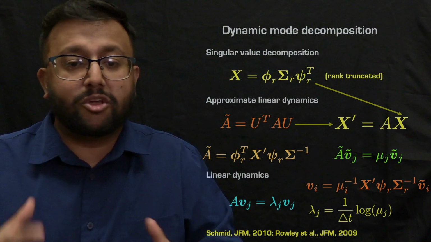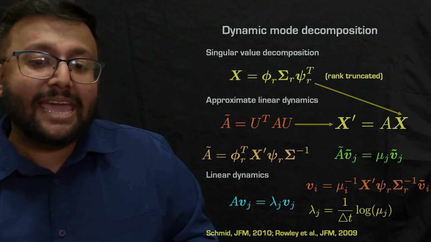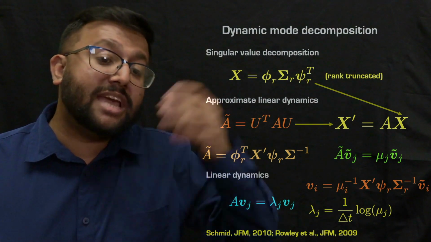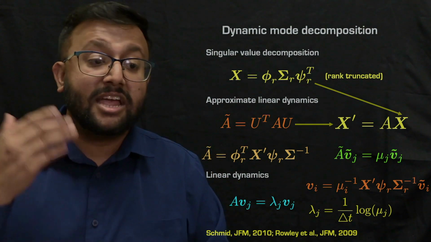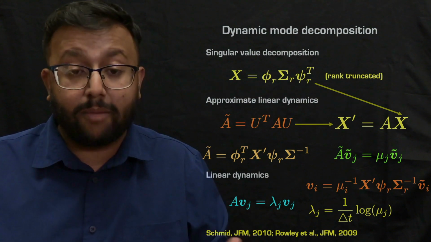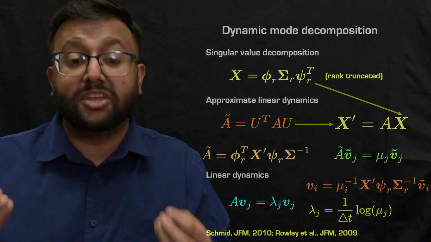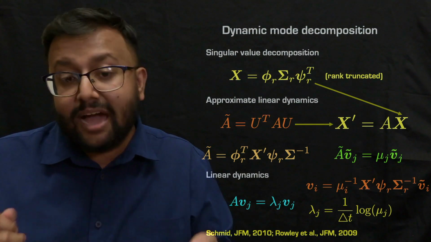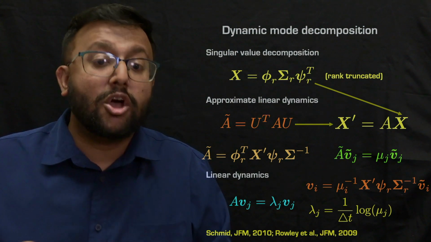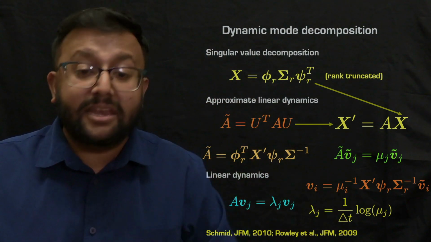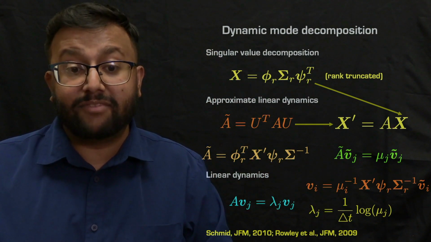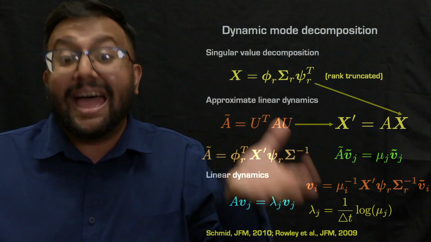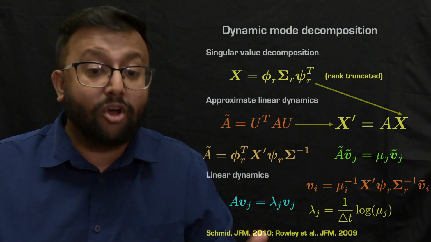Because A tilde and A have this beautiful relationship between each other, we can use the eigenvalues and eigenvectors that we got from the approximate operator A tilde to construct the true DMD modes. So you can see here Vj are the DMD modes of the true linear dynamics of the data, and lambda j is essentially the eigenvalues associated with the linear operator A.